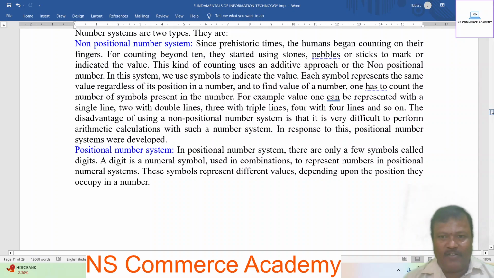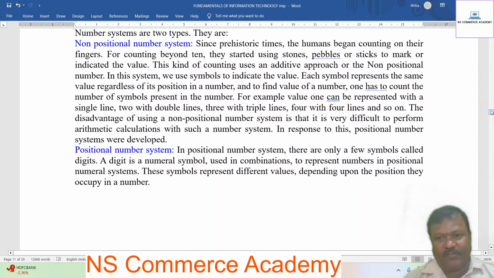For example, the value of 1 can be represented with a single line, 2 with double lines, 3 with triple lines, 4 with 4 lines, and so on. The disadvantage of using a non-positional number system is that it is very difficult to perform arithmetical calculations with such a number system.